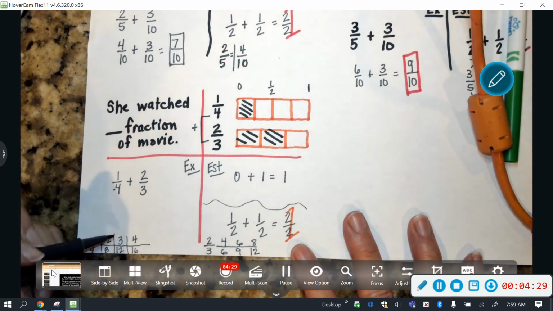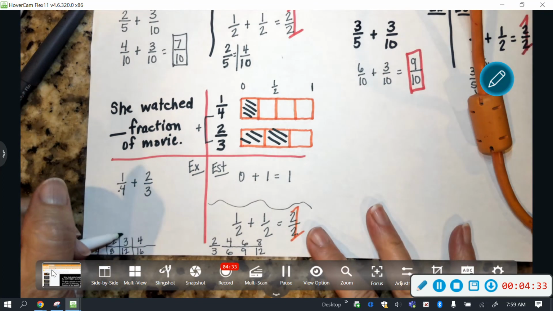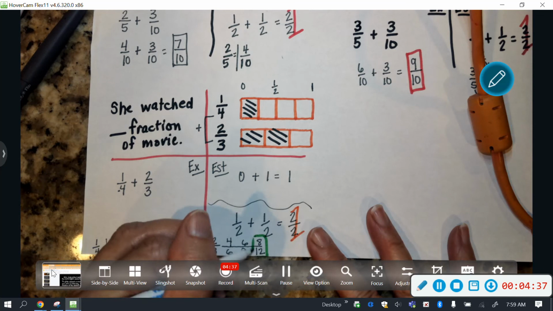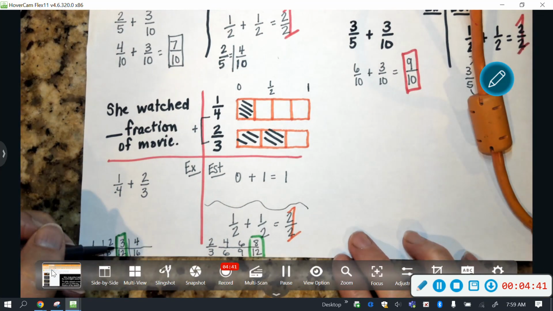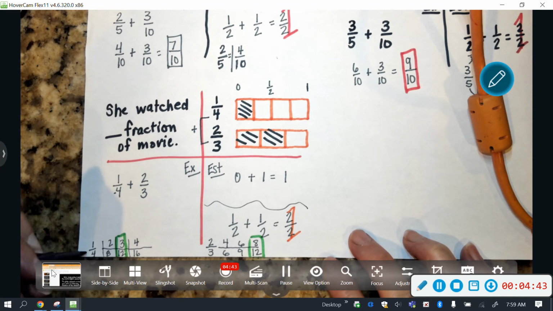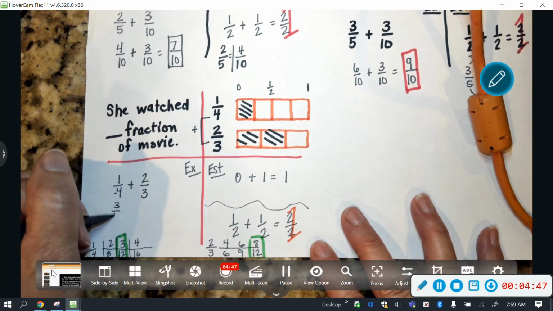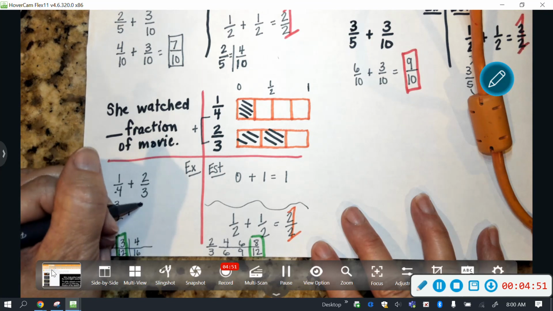And as I quickly go back and look at my pieces of information, I have 3/12 and I have 8/12. So I'm going to need to rewrite both of these fraction names here. So another name for 1/4 is 3/12, and another name for 2/3 is 8/12.